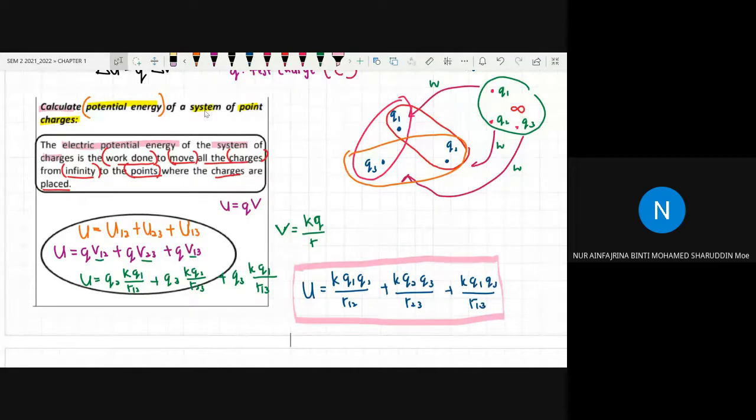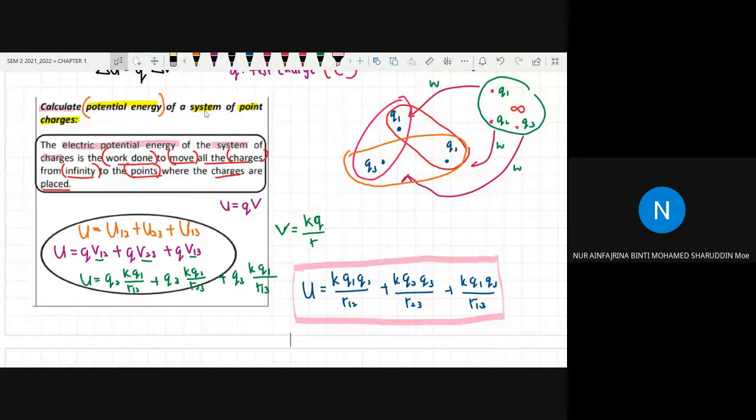Okay, Miss nak tanya, Hidayat dengan Alif okey tak? Miss, saya tak sangat faham yang number dia kenapa like 1, 2, 3.